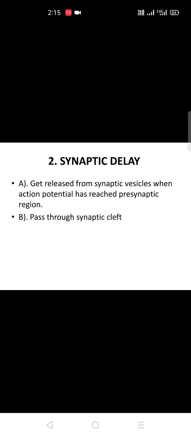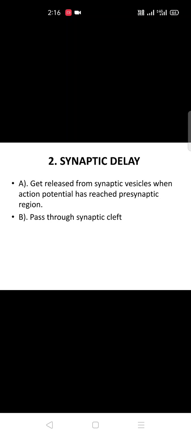Second property, synaptic delay. That is, it takes a little bit of time for one synapse to occur, followed by the next. There will be a little time delay. The neurotransmitter gets released from synaptic vesicles when the action potential has reached the presynaptic region, and passes through the synaptic cleft. That needs a little bit of time.